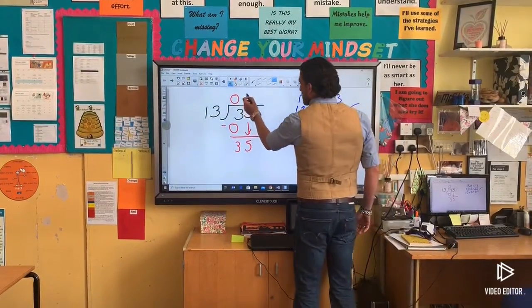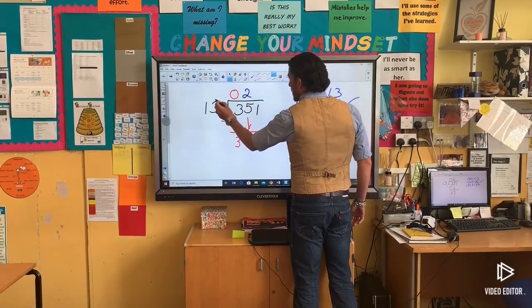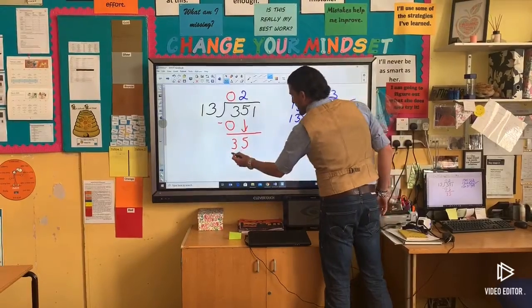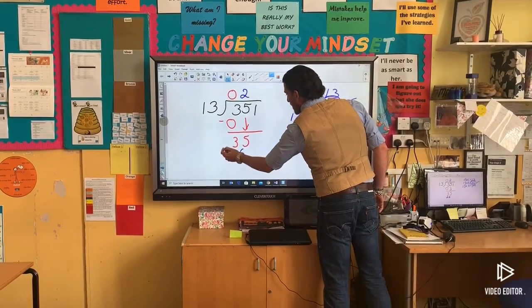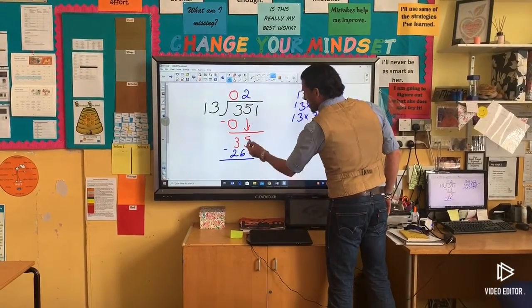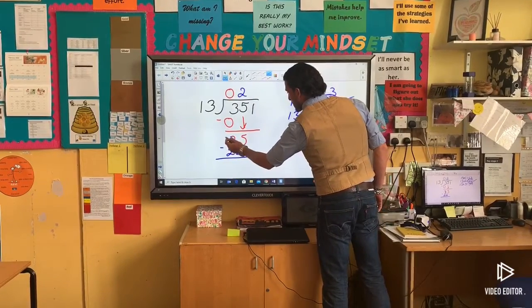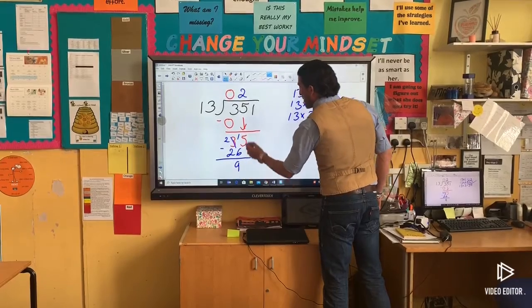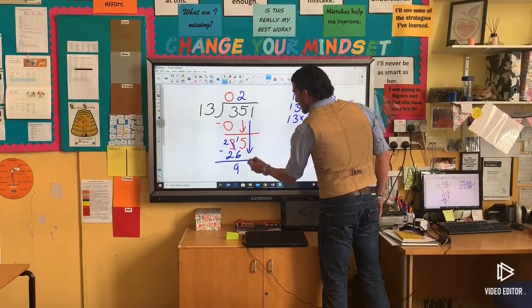We put the 2 up here. 13 multiplied by 2 is 26. We write our 26 here and subtract these two. 6 from 5 we can't do, so we borrow from here and exchange it, so we have 9 here, and this 1 goes all the way down here.